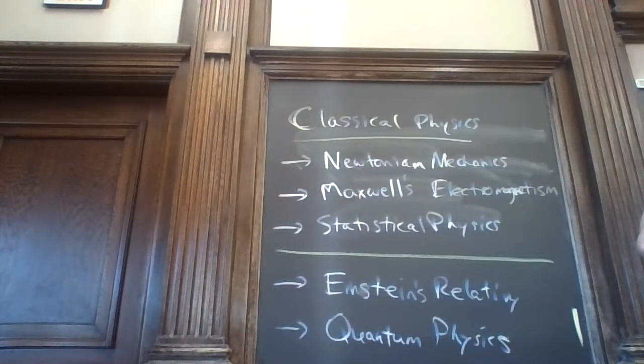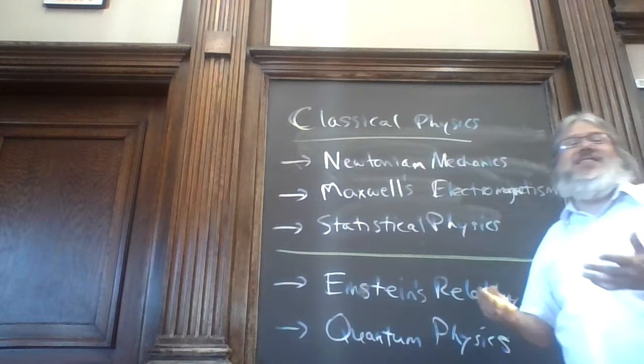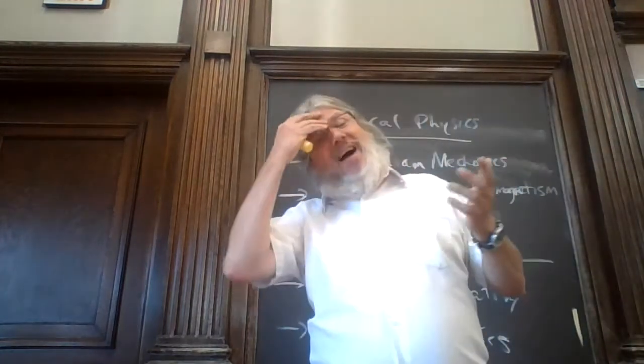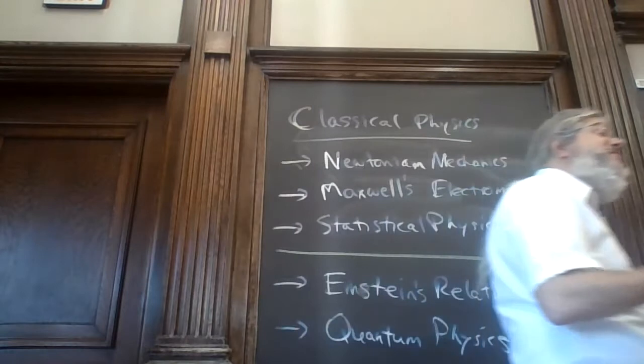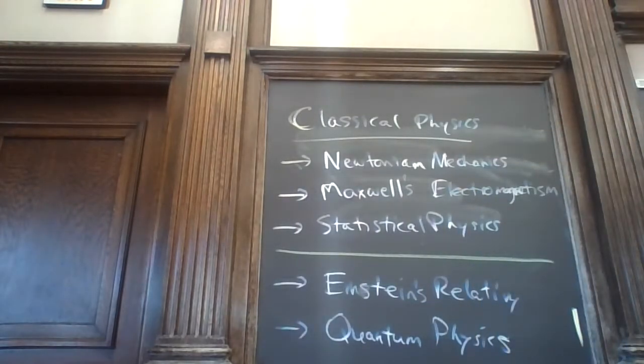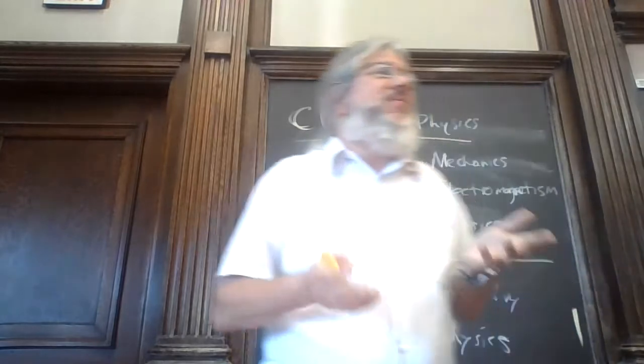If you've been studying a year of physics, you've been studying material that's between 400 and 150 years old. Yes? And physics is fun, but when I sit down and do physics research, I'm an astrophysicist. I study the origin of high energy phenomena, cosmic rays, gamma rays, all coming from outer space, building devices to detect them, trying to understand where these things come from and what it means for the universe.